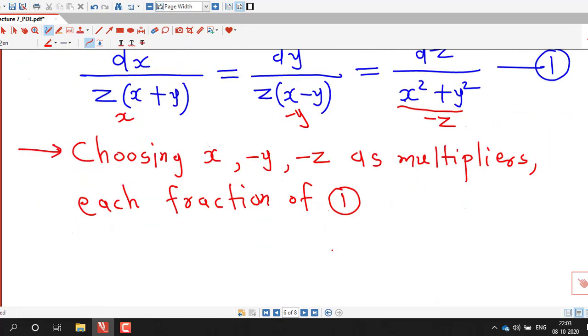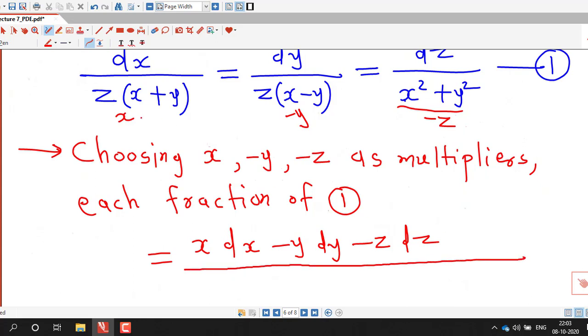So each fraction of 1 equals x into dx minus y into dy minus z into dz. Here I multiply with x, so I have z into x square plus xyz.